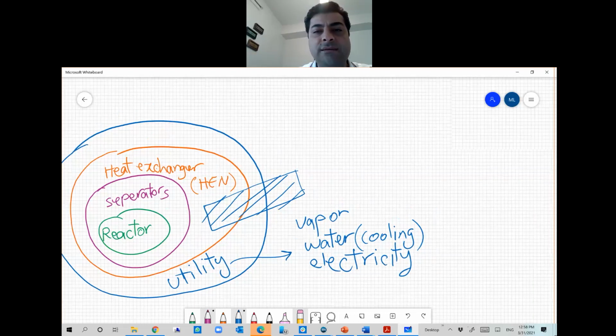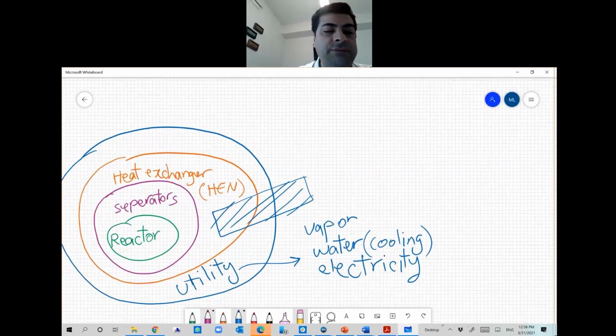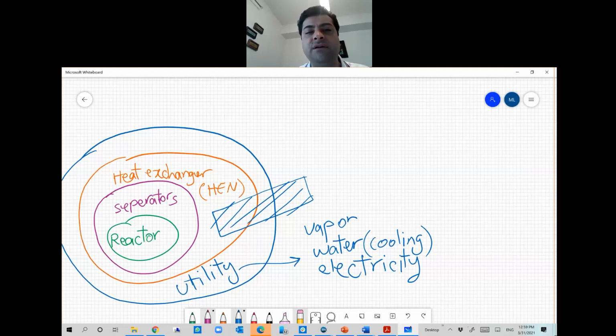depending on the reactors and separators, you end up with different streams. There are streams that are traveling between different equipment.